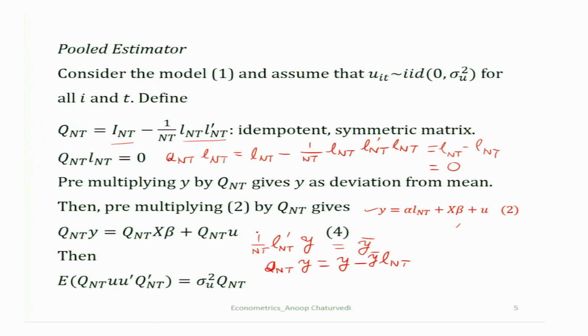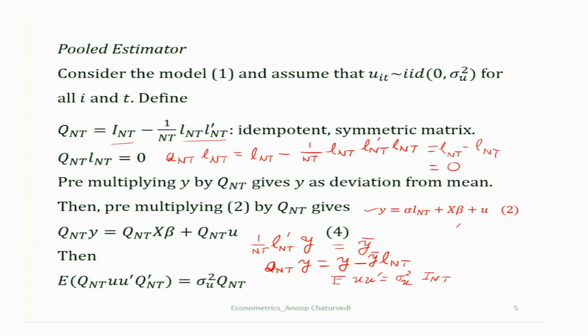Further, in this model, the variance covariance matrix of u is expectation of u u transpose equal to sigma square u I_nt.